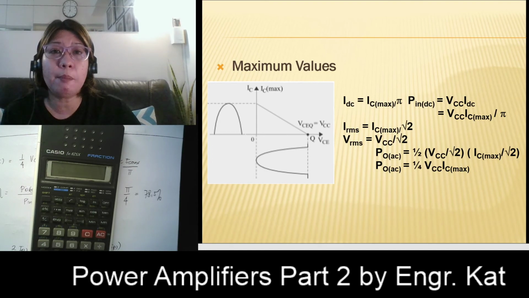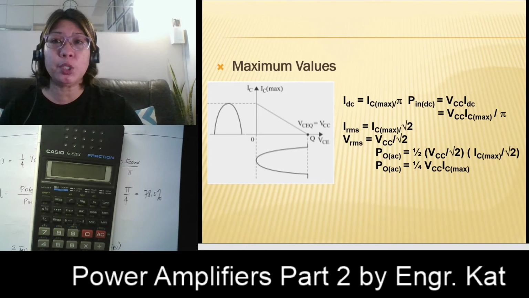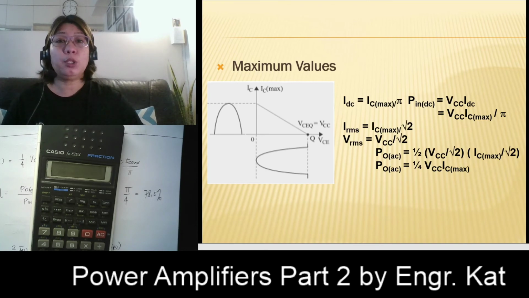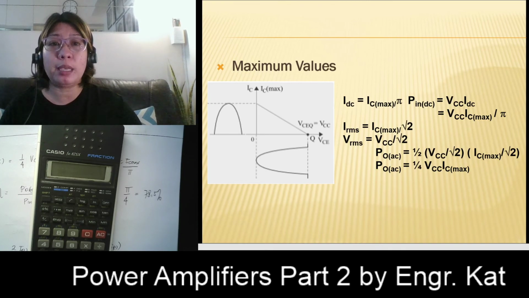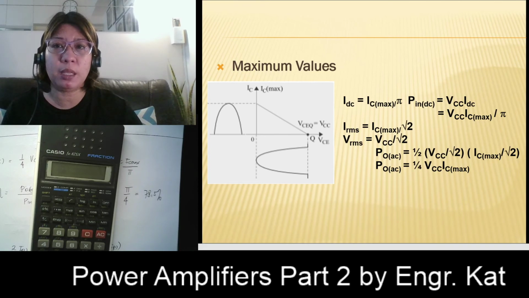So IDC is equivalent to IC max all over pi. IRMS is equivalent to IC max over square root of 2. VRMS is VCC over square root of 2. So converting them to RMS value, peak value divided by square root of 2, and VCC is your peak value. So P in DC is VCC times IDC, wherein IDC is IC max all over pi.